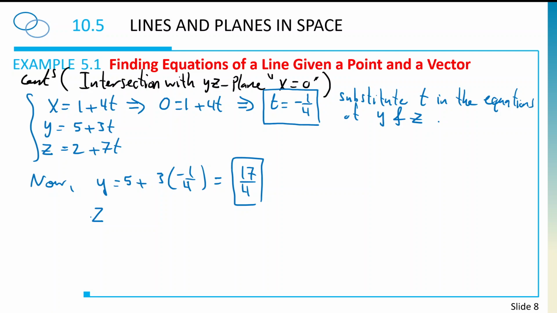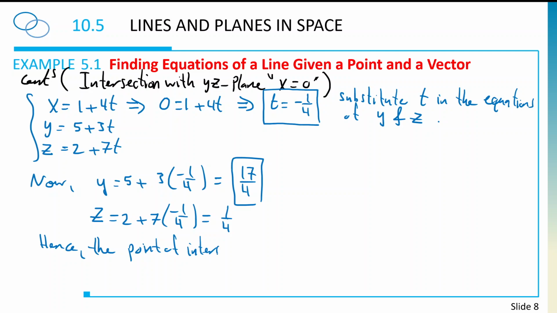And I'll do the same for z: z equals 2 plus 7 times -1/4, and this equals 1/4. So hence, the point of intersection, remember we need to write them in order x, y, z, is x equals 0, y is 17/4, and z is 1/4. This is the point of intersection, and we're done.